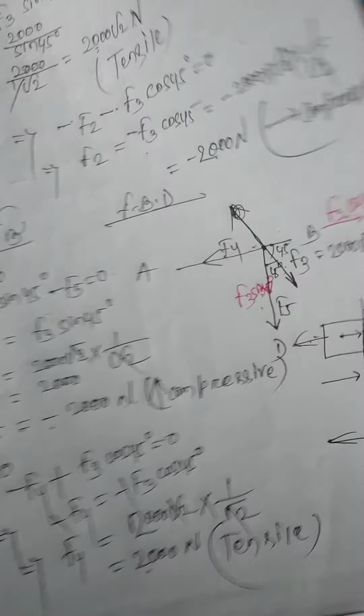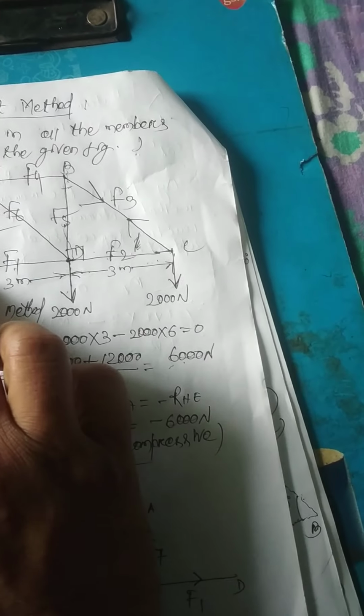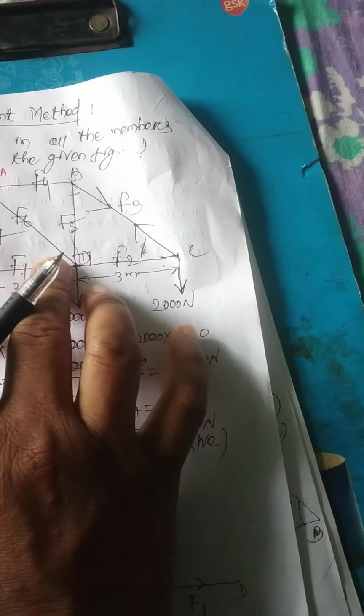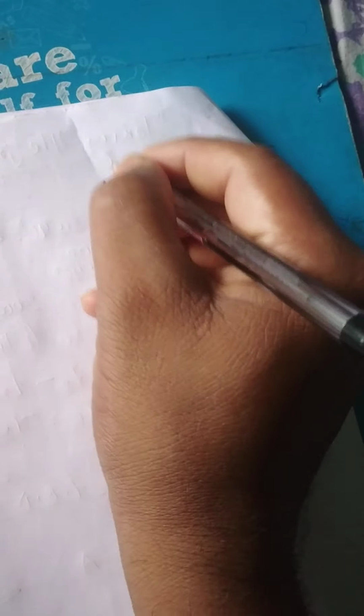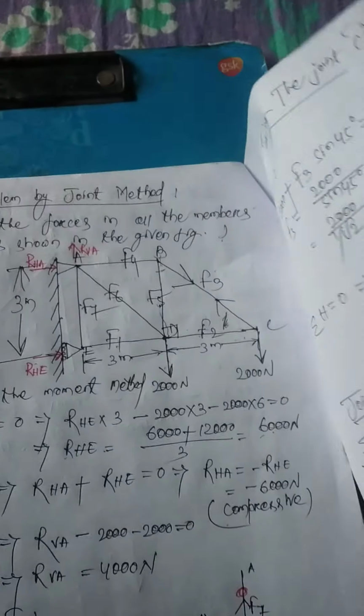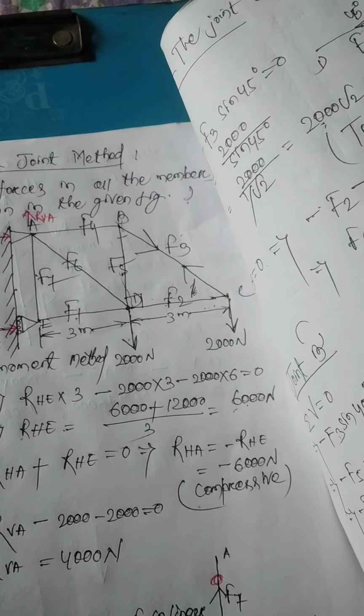Okay. Now the next joint will be the joint D. I must take the joint D. What are the forces? You look into the diagram. I can write joint D. Now we have to draw the free body diagram. At the joint D, one is downward, right side, then upward side.